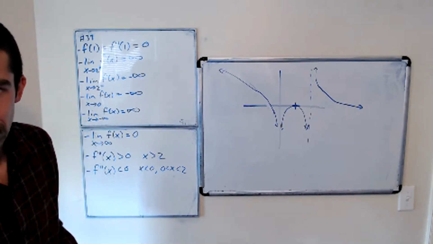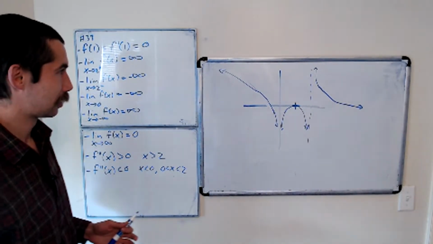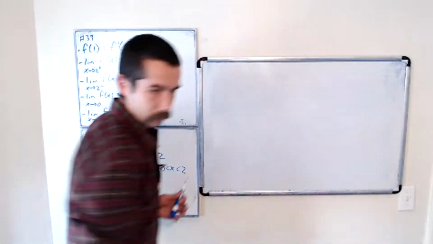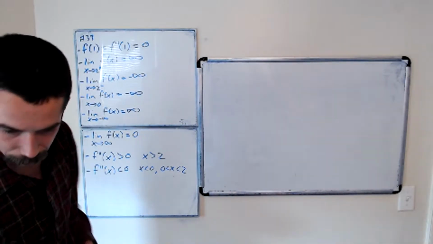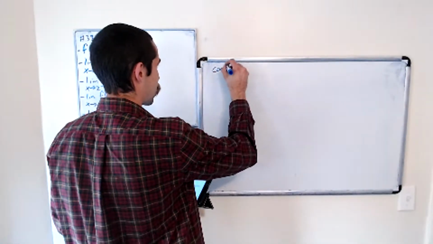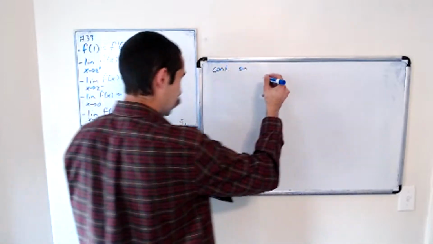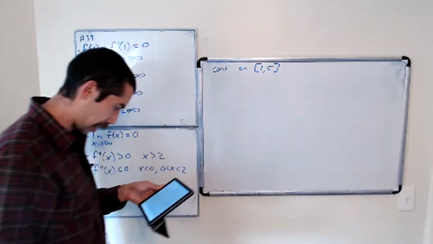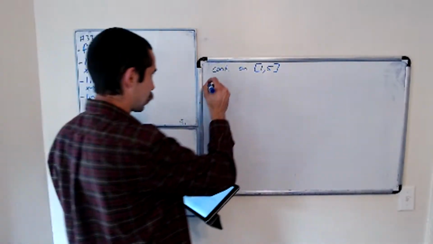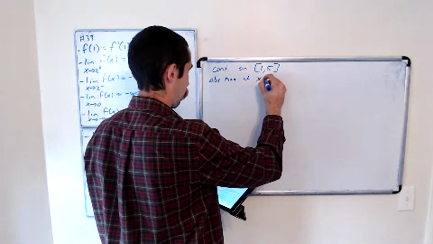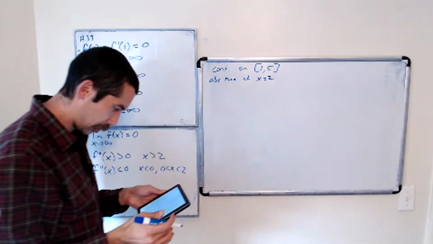Sketch the graph that has the following properties. Okay, so the properties are, we want it to be continuous on the interval 1 to 5. Okay, so that's our domain. Absolute max at x equals 2.